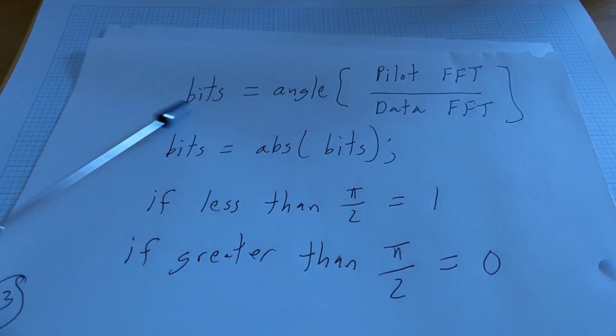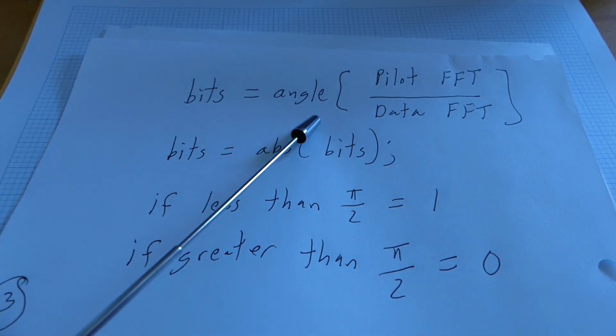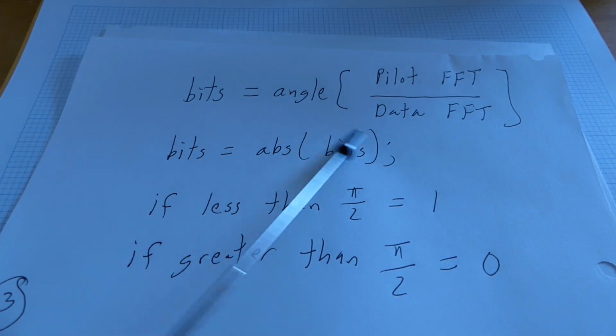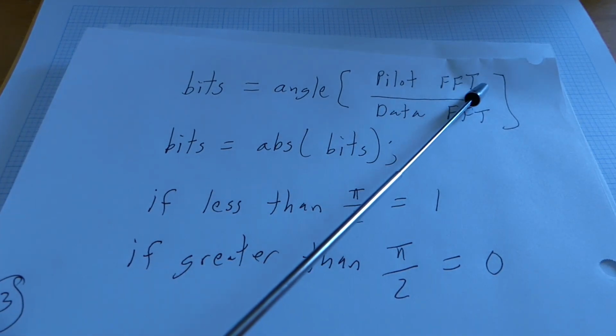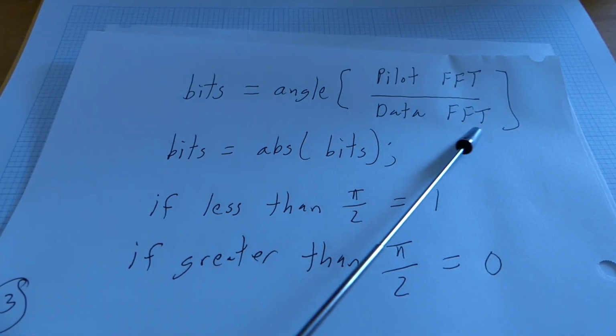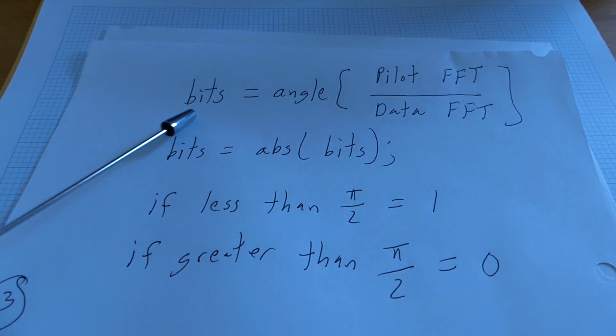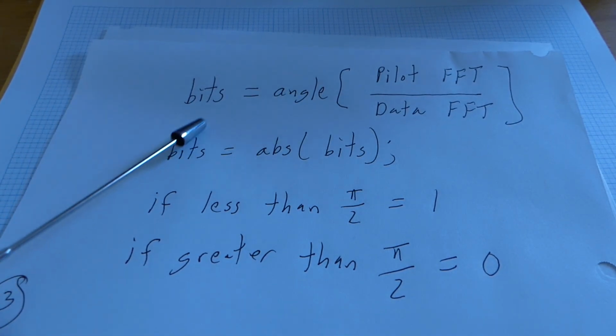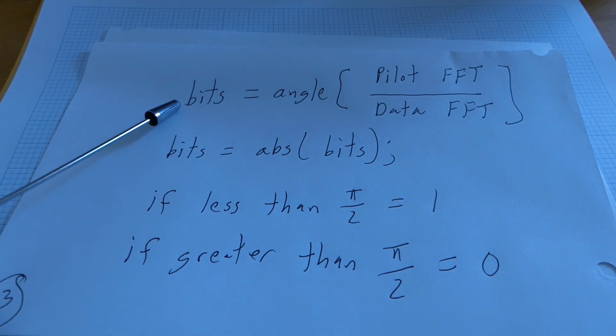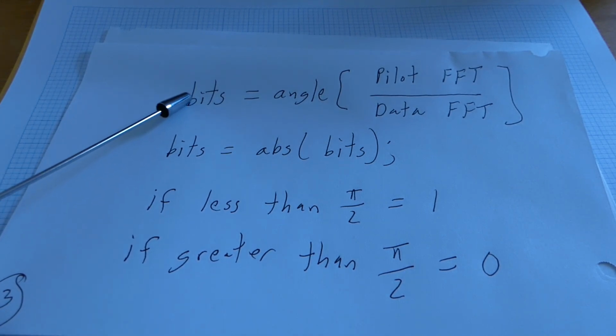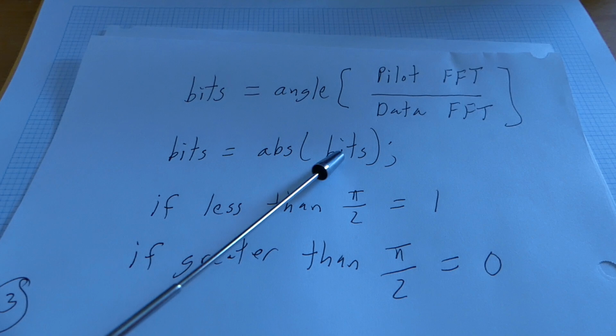And finally we get back to our decoded bits by taking the angle of the ratio of the pilot FFT vector with the data FFT vector. And now we got our bits here. And since these are going to oscillate between 0 and pi or 0 and negative pi, we can just simply take the ABS.